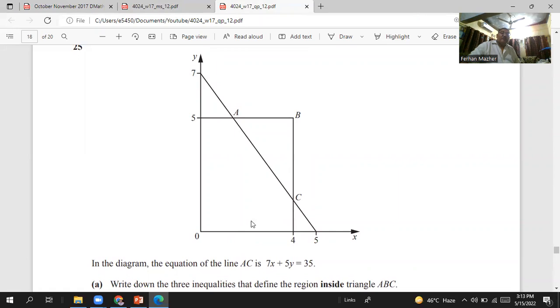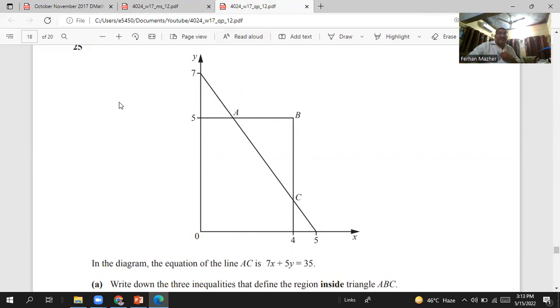here, if I join 0 and C with each other, that will be a line passing through the origin. So its equation can be like this. And here you have a line if you join 0 and A. So it means this line will be also 0A.